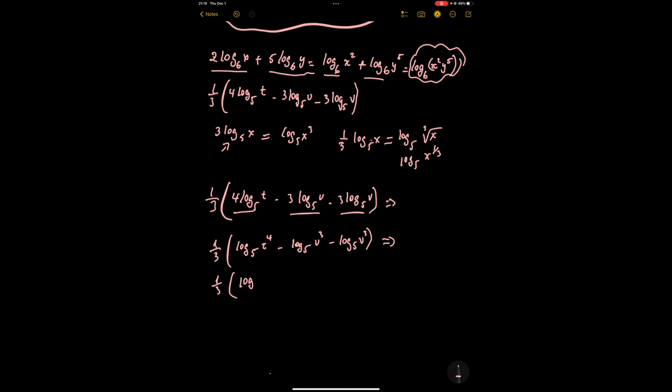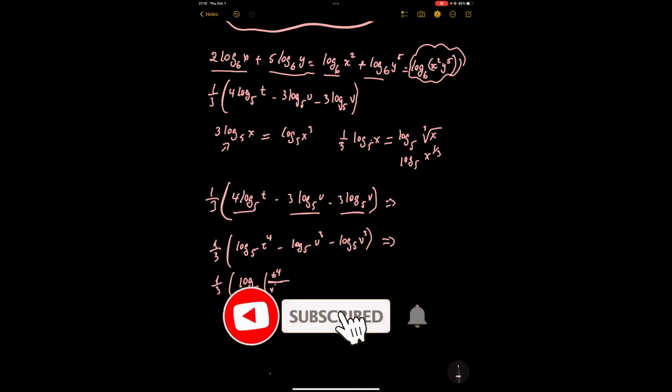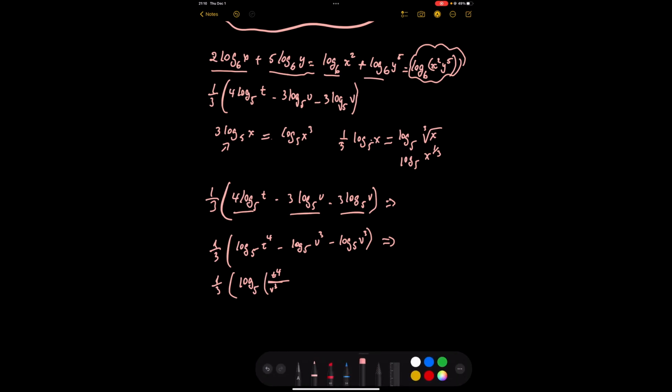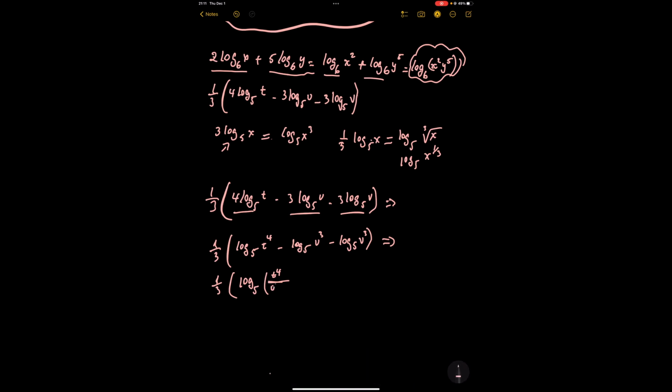That would be log 5 of t to the power of 4 and a u over v cubed, nope, not that one.